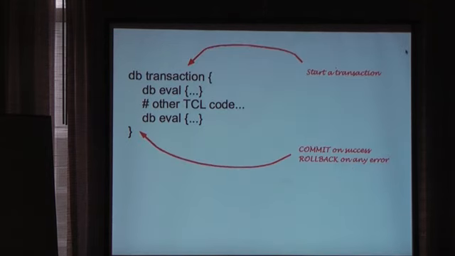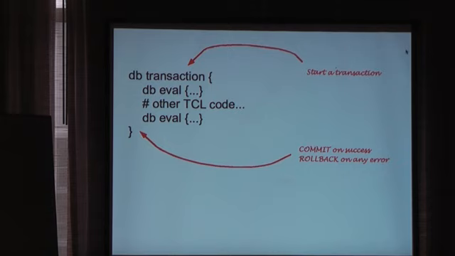It will automatically roll back the transaction. But if the script succeeds, it will automatically commit. This seems kind of trivial and simple, but if you've ever tried to write a script that correctly handles all the error conditions, this makes things so much easier. You really want to do this sort of thing.